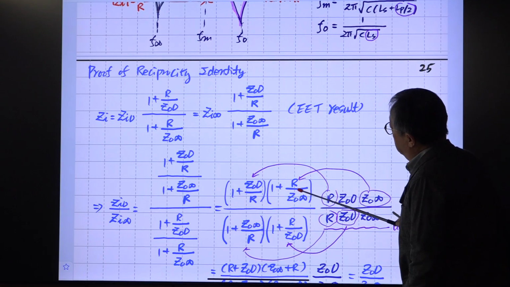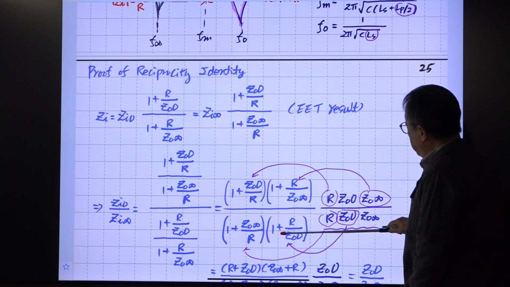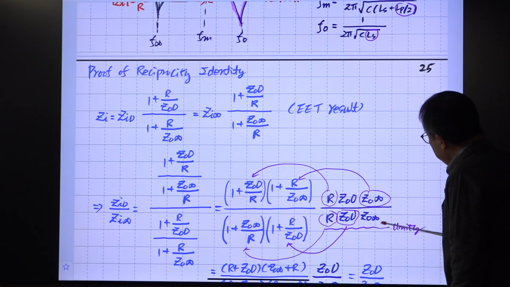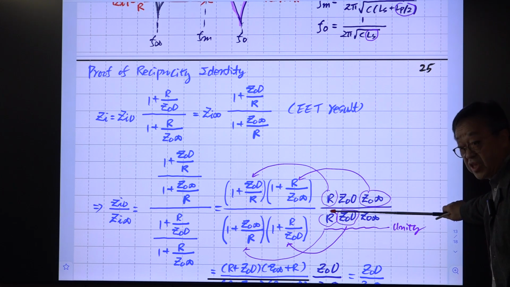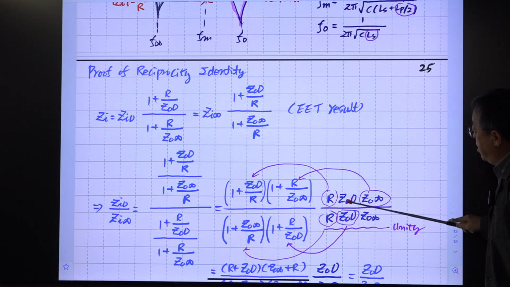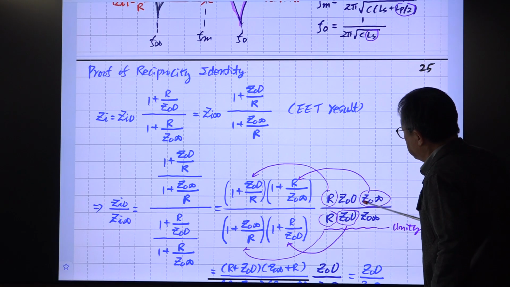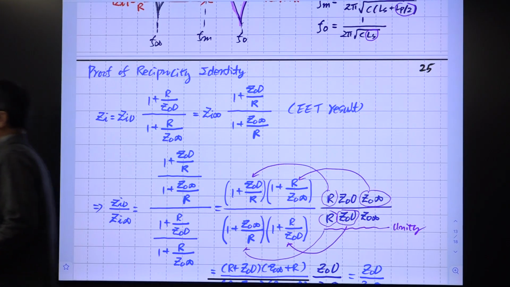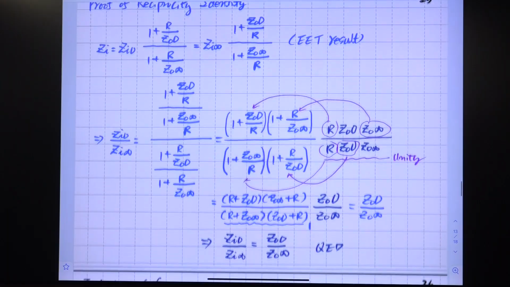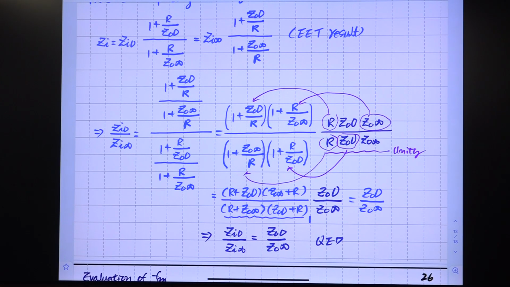And multiply the numerator and the denominator at the same time with this. This is just unity. This is number 1, okay? Then it goes there, there, there, there. Then what you have is just factoring out the multiplication. This is the result, okay?